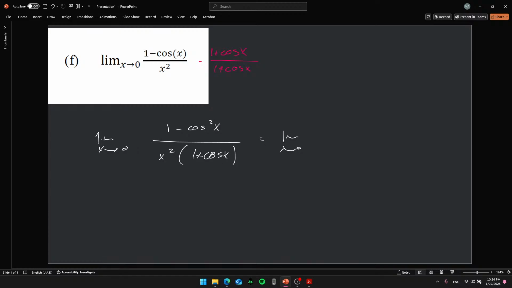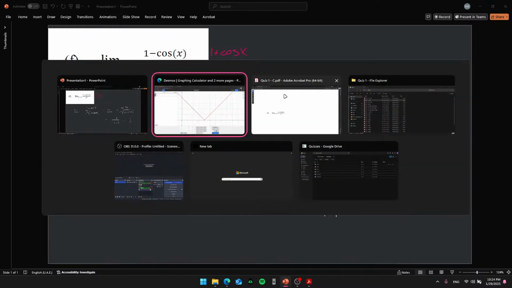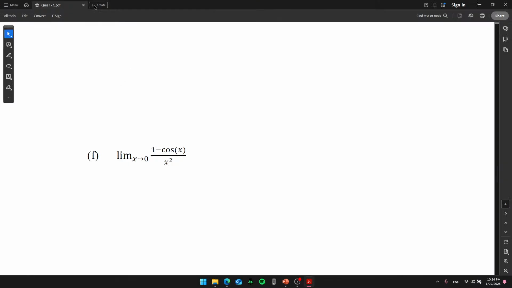This gives sine square x over x square times 1 plus cosine x. So this is 1 times 1 over 1 plus 1, which is 1 over 2. So the answer will be 1 over 2.